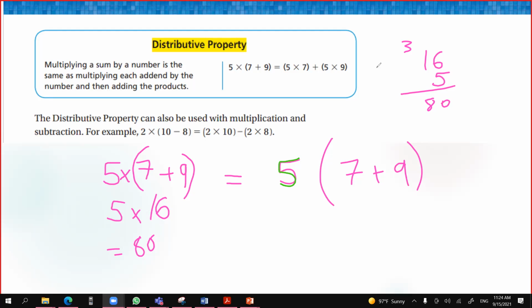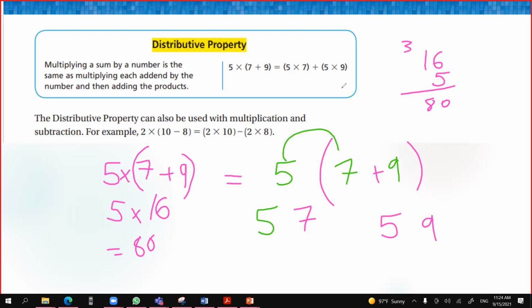So first let's take number 5 and multiply it by the 7. And then let's take 5 and multiply it by 9. As I told you before, it was 5 and 7 plus 9. You have to distribute 5 on 7, as I wrote it here, and 5 on 9, as I wrote it here.